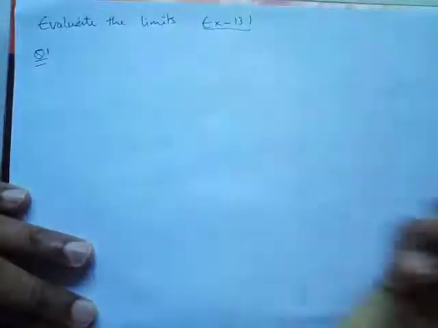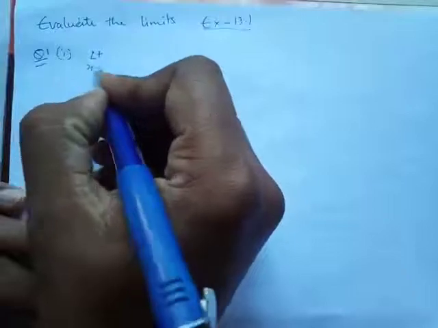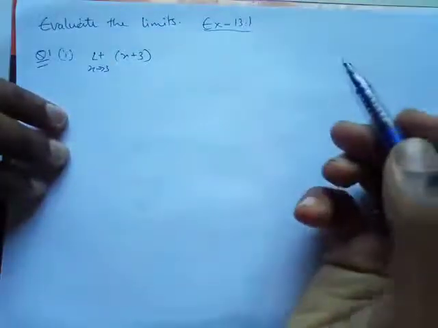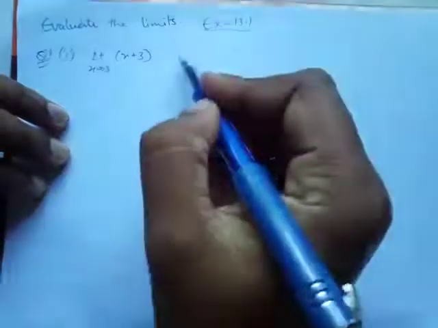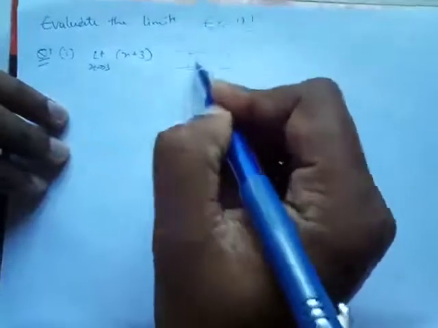The very first question that I'll be doing is question number 1, just for our basic knowledge. The question says evaluate the limits. So question number 1, part first, says evaluate the limit x tends to 3 of x plus 3. I just have to find what my limit is going to be. You remember we used to do that table, at the starting of the video I showed you that table.